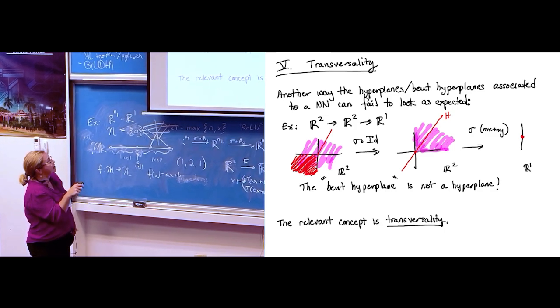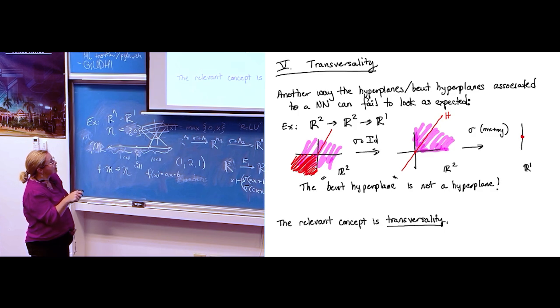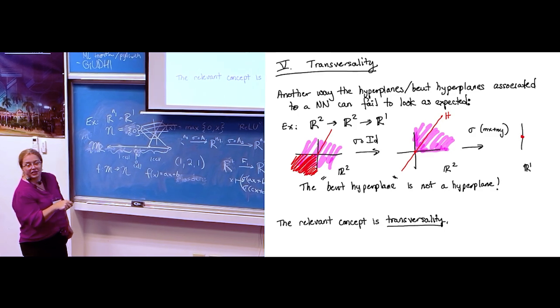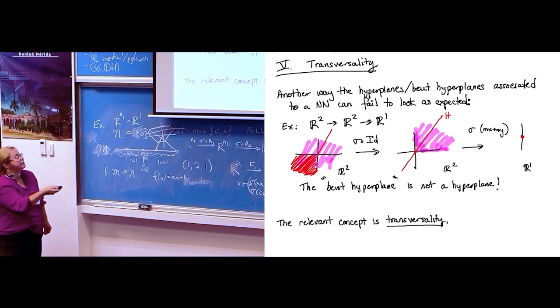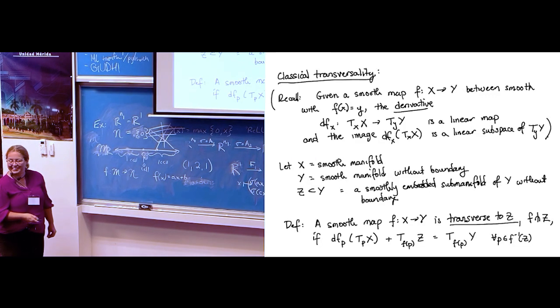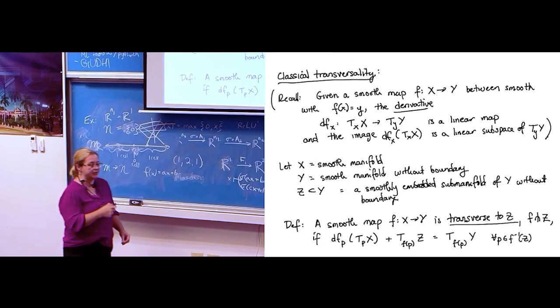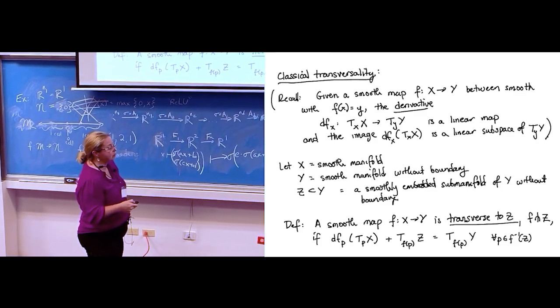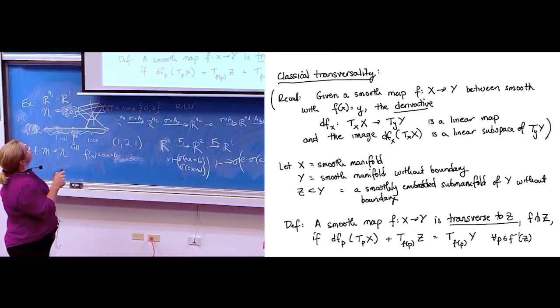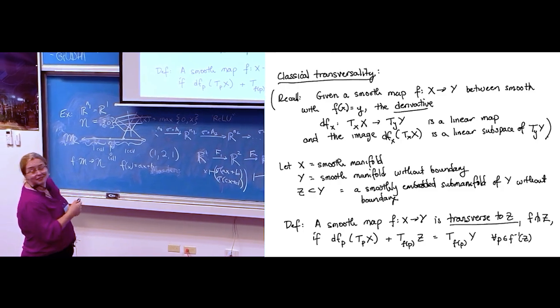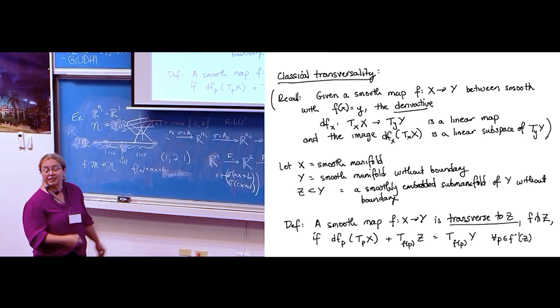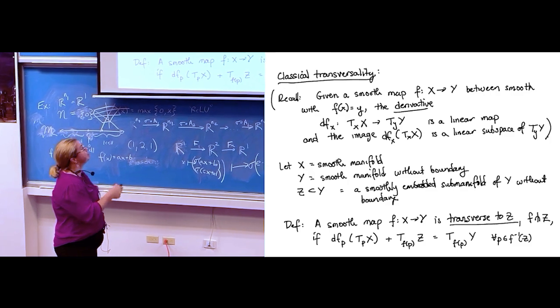One way to frame it is using the concept of transversality. I'm going to explain what transversality means and how it is the problem in this example that we just saw. First, I'm going to define, or review, maybe, I don't know if you've seen transversality before, the classical notion of transversality.